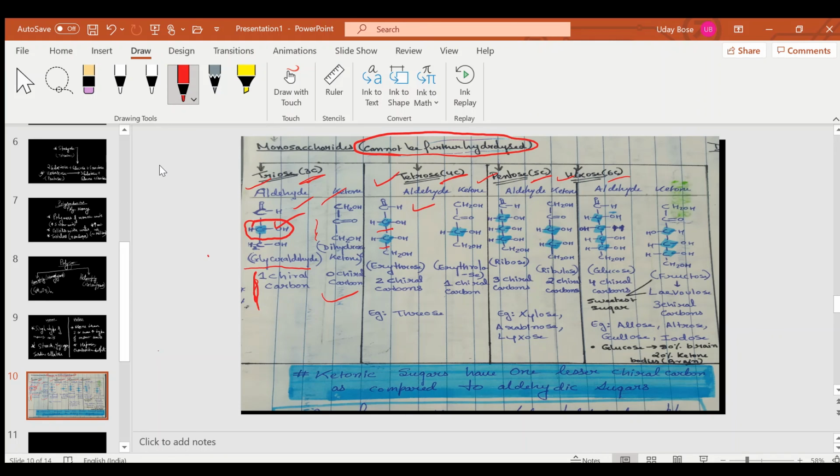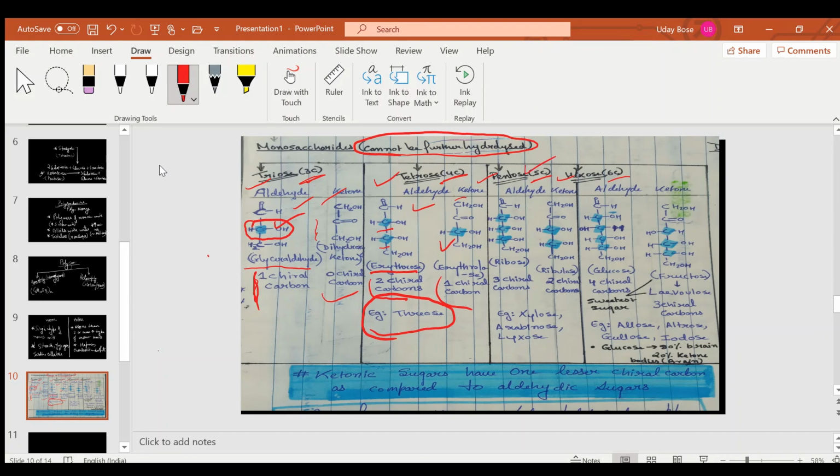And the example is erythrose, having 2 chiral carbons. In case of ketose, I have selected erythrulose, which has 1 chiral carbon, the third one. Another example is threose in case of tetrose.